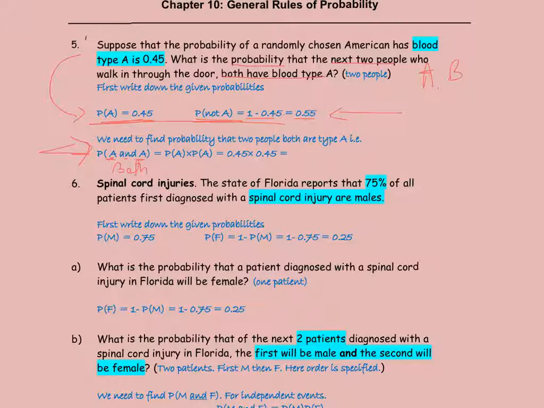So in a large population, from one outcome to another, that is selecting a random person with blood type A, the two events are always independent of each other.